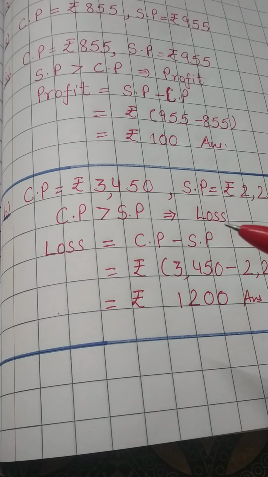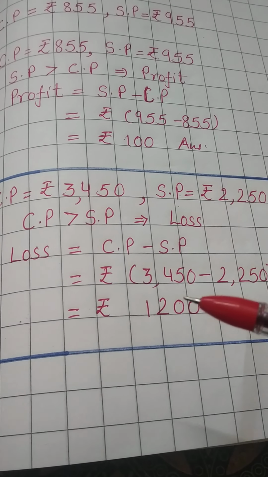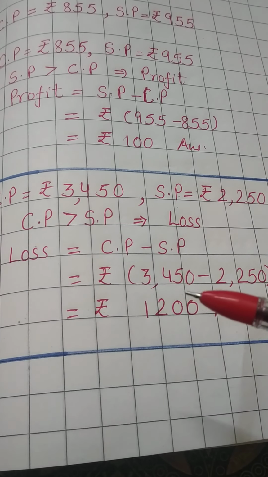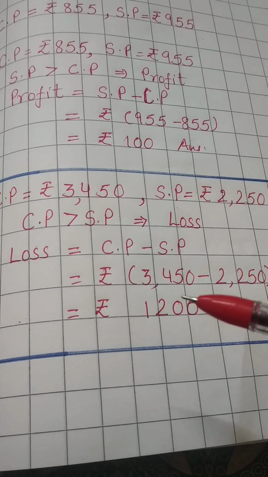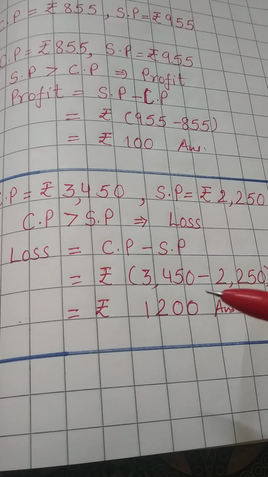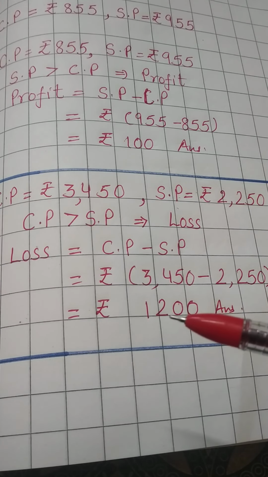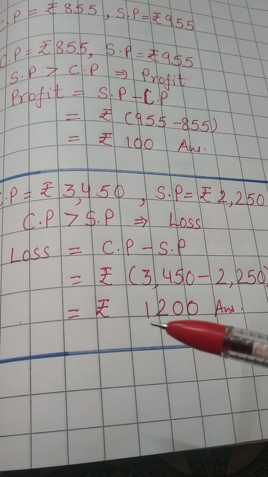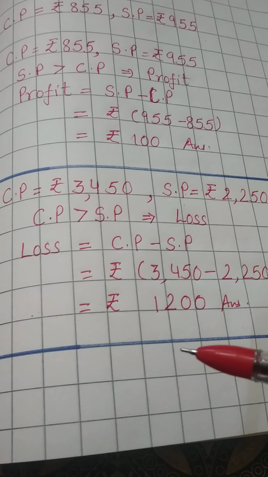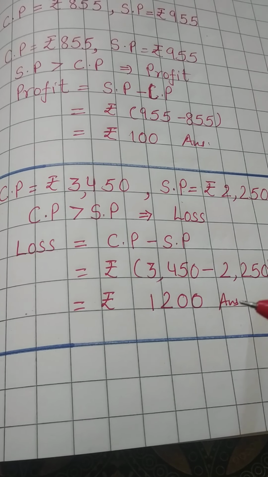This implies loss, right? So how much loss? Cost price minus selling price. That means 3,450 minus 2,250. You can do the subtraction yourself and do each and every step yourself.